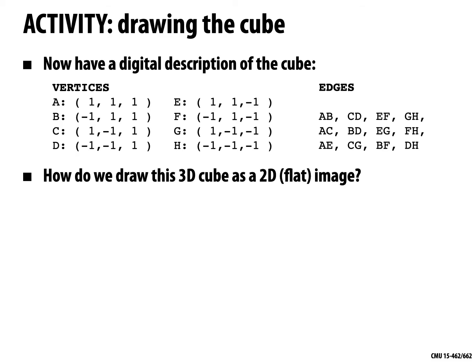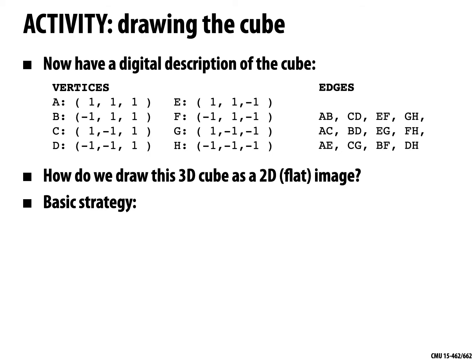Let's say I threw away the z-coordinate, I plopped these points on the plane, and then I connected any pair of points that belong to an edge. Well, you just see a square, right? It'd be like looking at the cube from the side, but without any perspective. It'd be this really boring image.